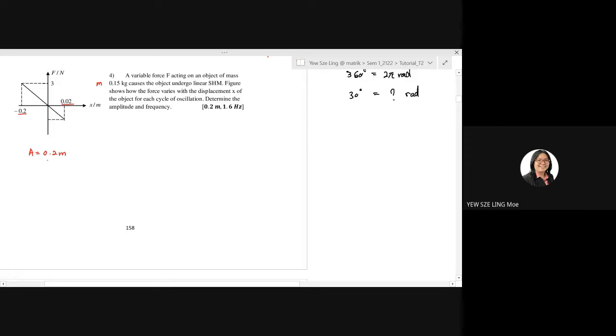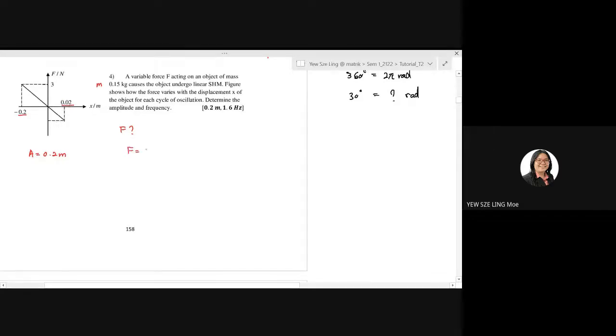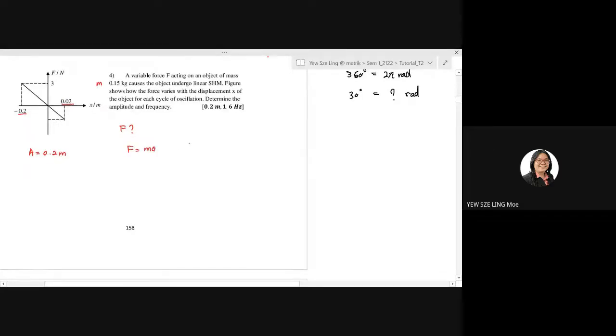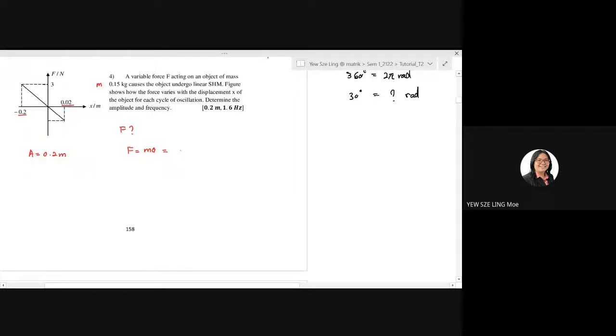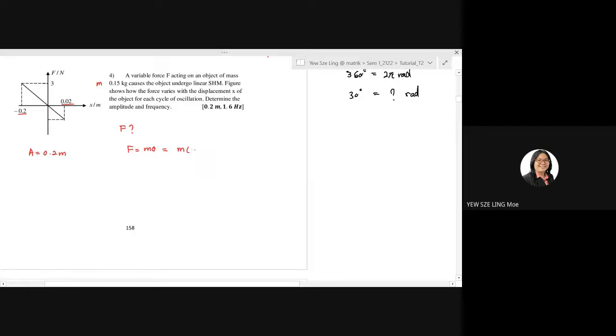Now, how are we going to determine frequency then? If you look at the question now, you're given force. What can we do with force? Well, first we know F is equal to ma. And according to the definition in simple harmonic motion, a is equal to negative omega squared x. Aha, so now you can see the relationship between force and frequency.